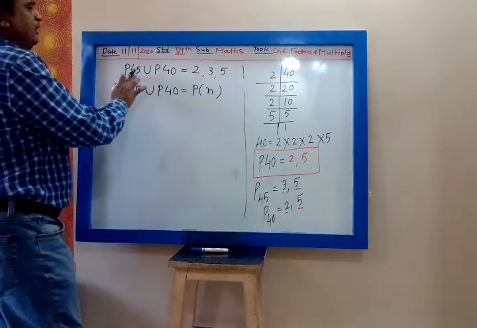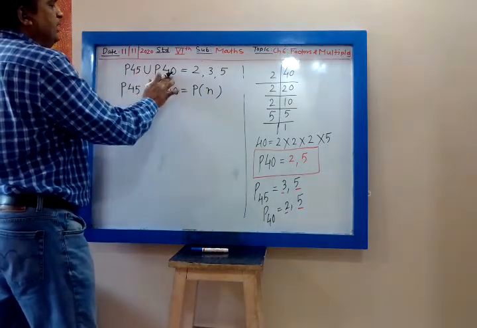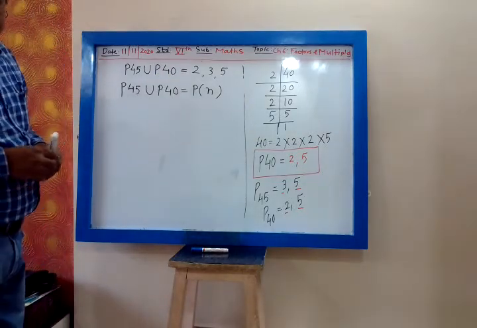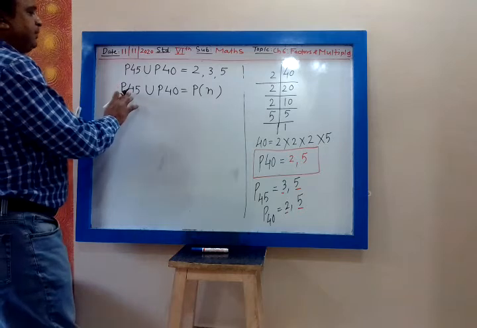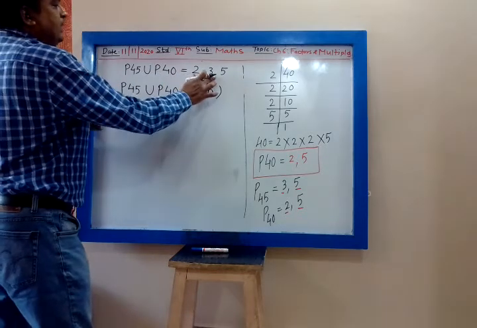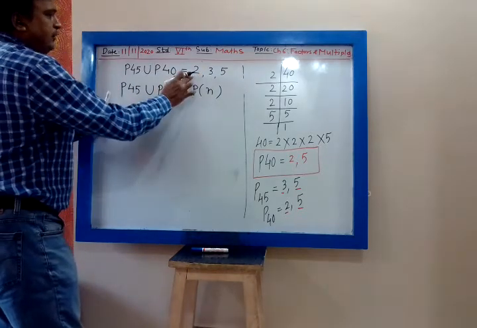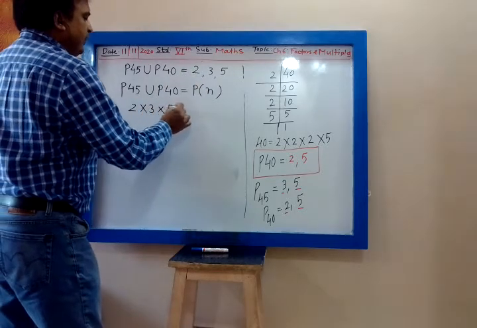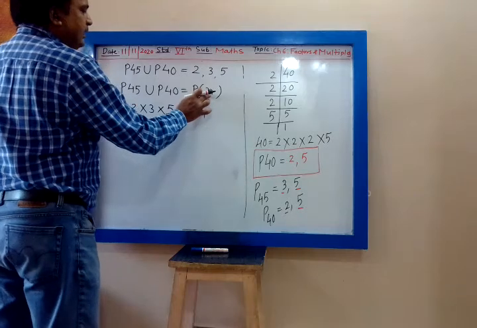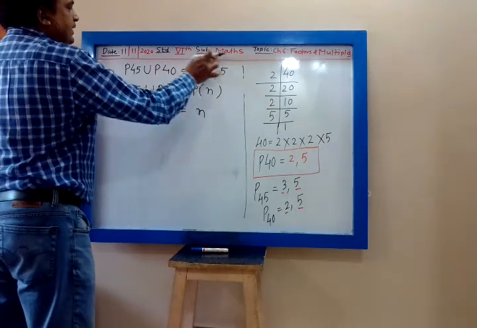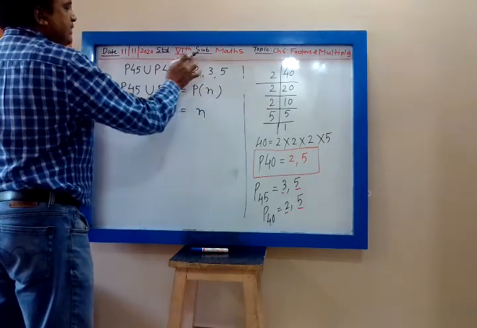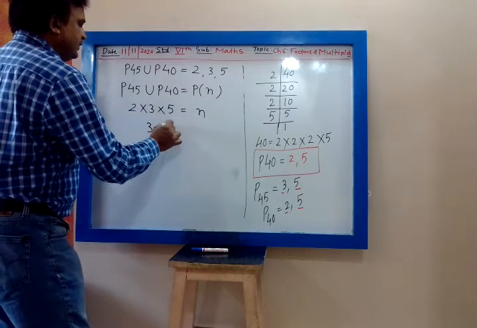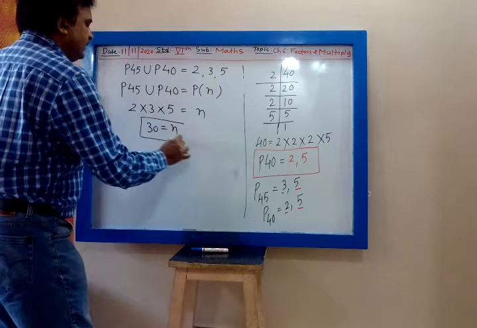What are the factors of P45 and P40? 2, 3, 5. So we multiply them: 2 into 3 into 5 is equal to n. So n will be the multiplication of these three factors. That is 30. 2 threes are 6, 6 fives are 30. So n is equal to 30.